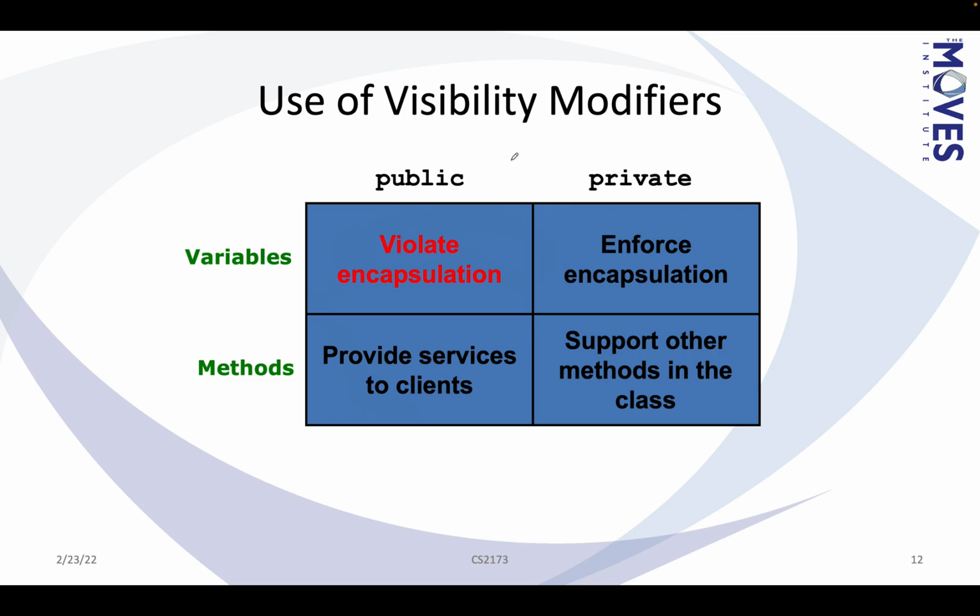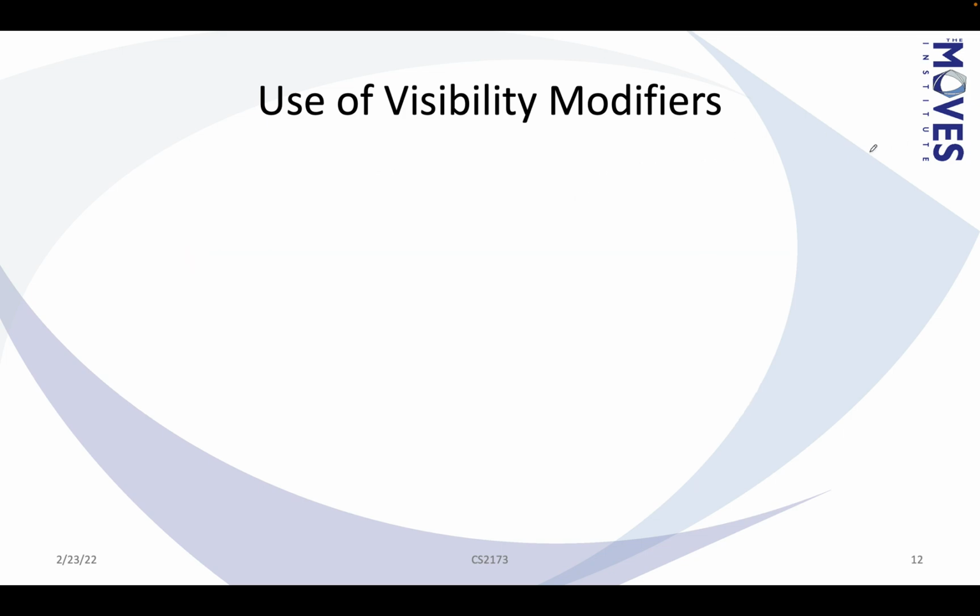If you take that capsule and open it up and leave it to the world, then it's a violation of that. So this should never happen. Sometimes we use the refactor tool to generate setters and getters, and that can accidentally lead to public instance variables. You want to always be on the lookout for that because that's the mortal sin of object-oriented design.